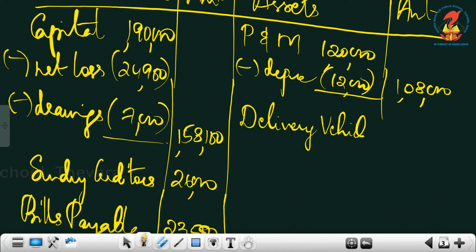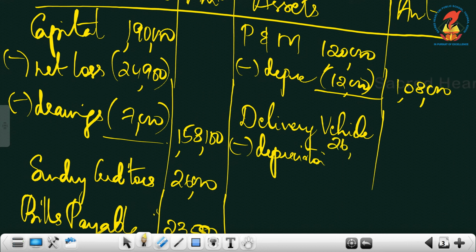Is it having any adjustment? Yes, delivery vehicle also has the same adjustment, that is depreciation. So delivery vehicle amount is 26,000. Then depreciation on delivery vehicle we have written before in P&L. That amount you can write 3,900. So it is 22,100.